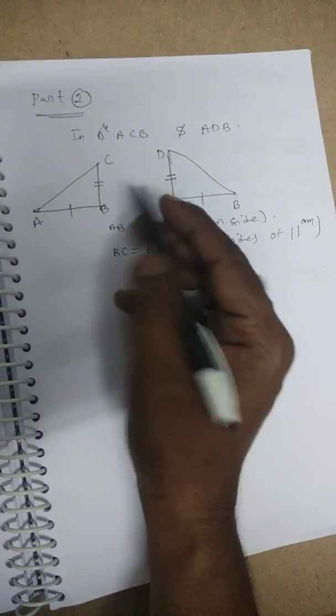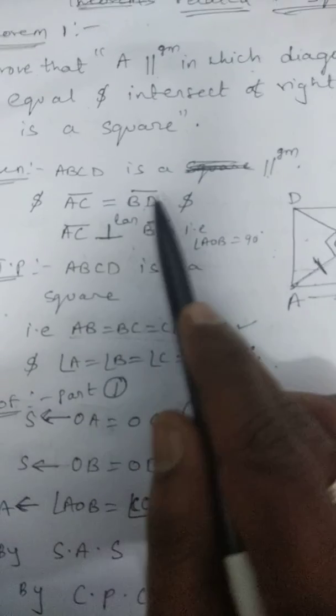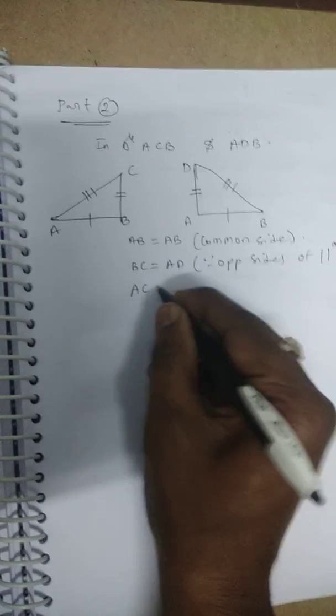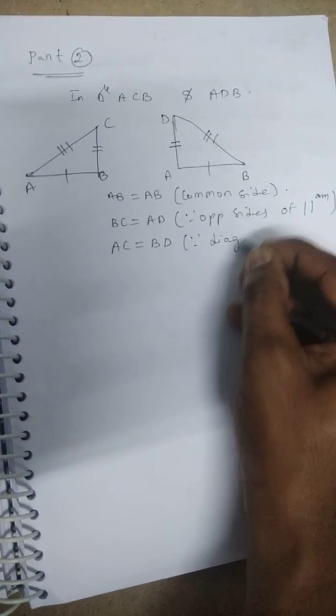And next, it is already given in the question that AC is equal to BD. He said that the diagonals are equal. So we can use AC is equal to BD, since diagonals are equal.